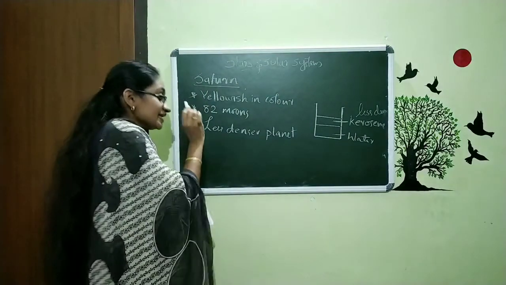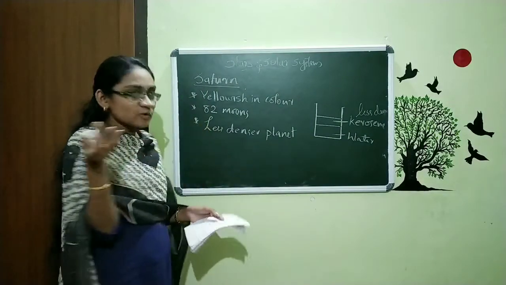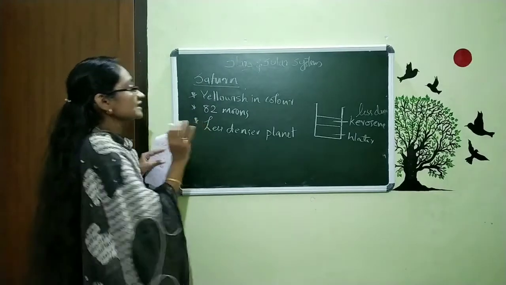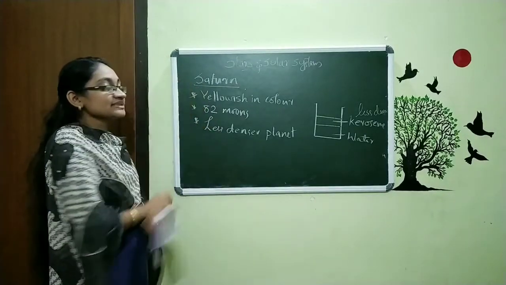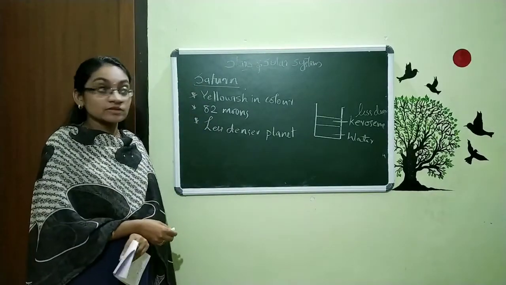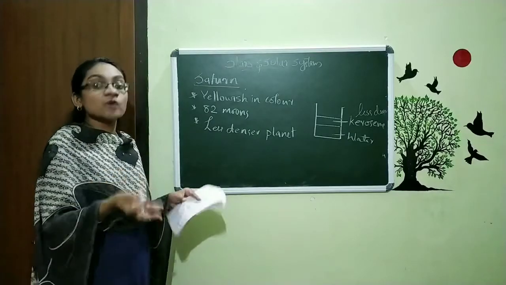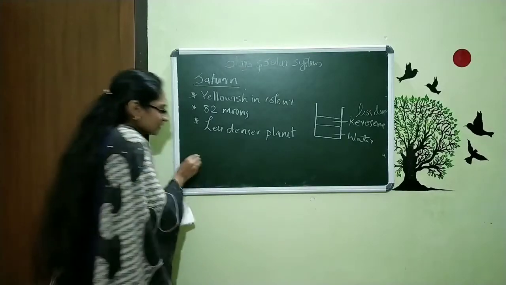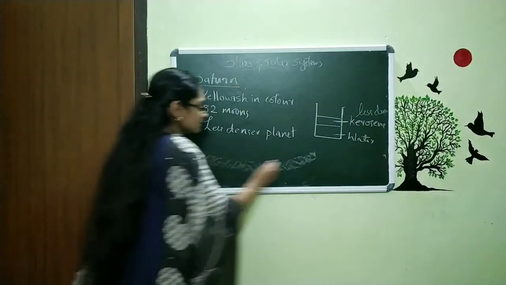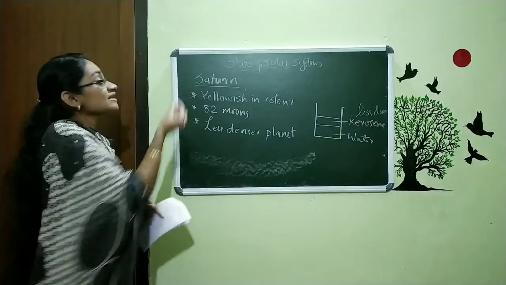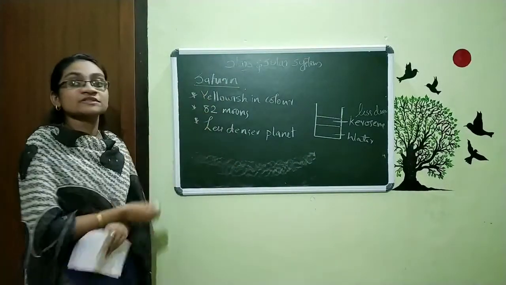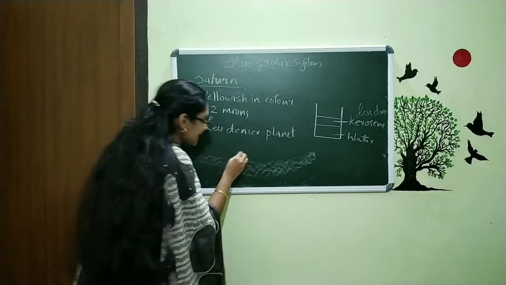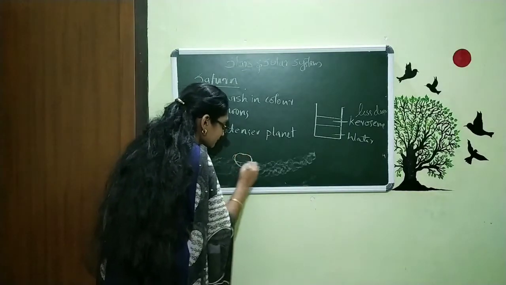In a similar way, in your textbook, they simply say that if Saturn were placed in a pond filled with water, Saturn would float.